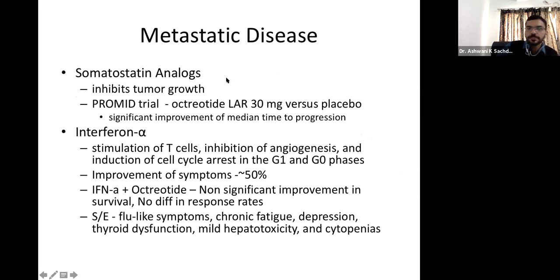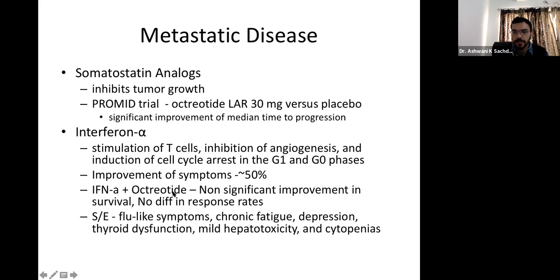So, metastatic disease. In metastatic disease, somatostatin analogs are the first line of therapy. They inhibit tumor growth. In a trial, octreotide given at 30 milligrams was associated with significant improvement in median time to progression. Other agents that can be used are interferon alpha. It stimulates T cells, inhibits angiogenesis, induces cell cycle arrest in the G1/G0 phase, and improves symptoms if associated with carcinoid, in about 50%.